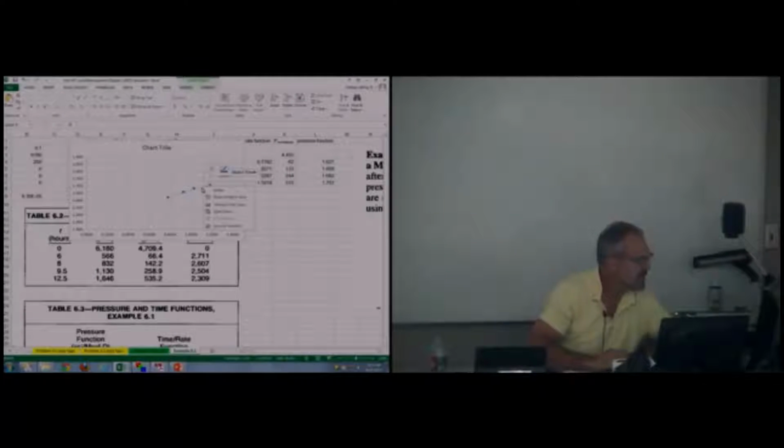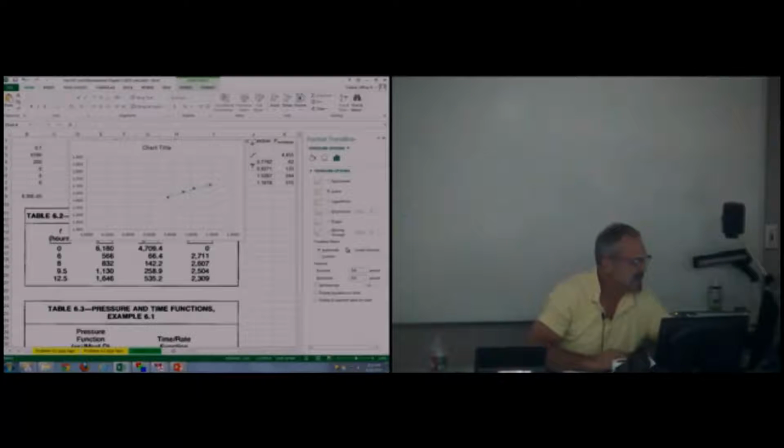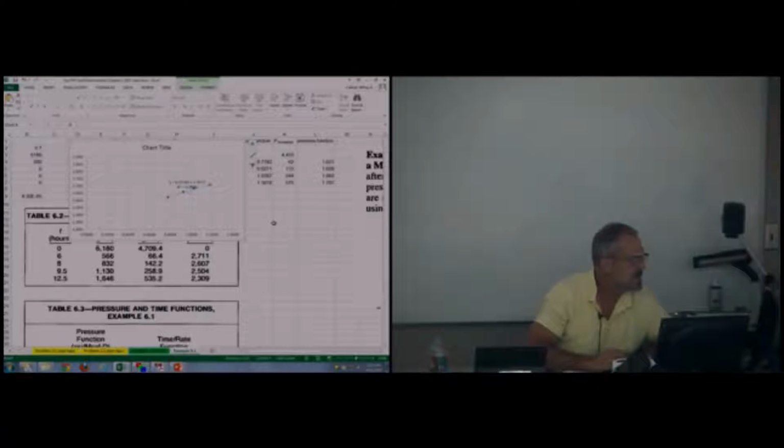I'm going to format my trend line, make sure it displays its equation, so I'm going to need this slope.